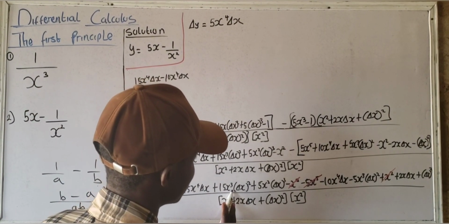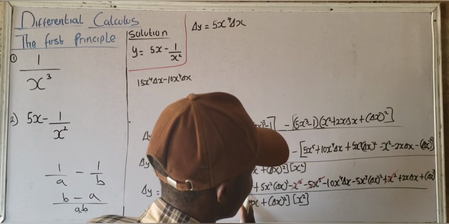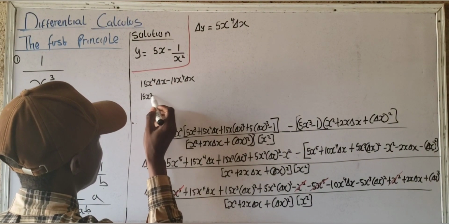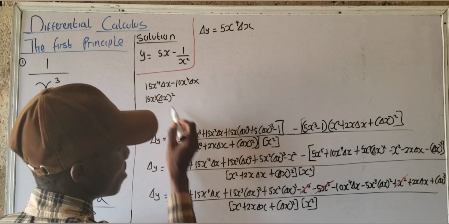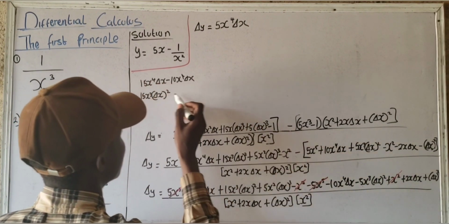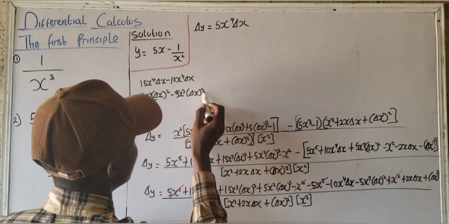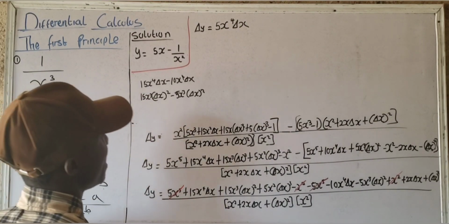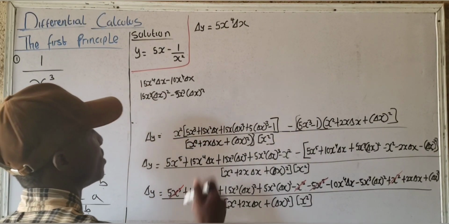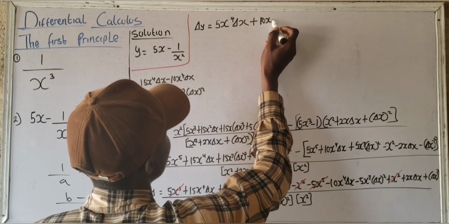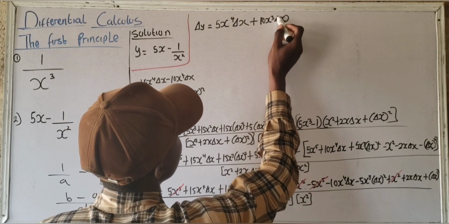We have 15x raised to the power of 3 delta x squared. So let us subtract as well. 15x raised to the power of 3 delta x squared minus 5x raised to the power of 3 delta x squared. What will be the answer? That will be 10x raised to the power of 3 delta x squared. So I'm going to have plus 10x raised to the power of 3 delta x squared.